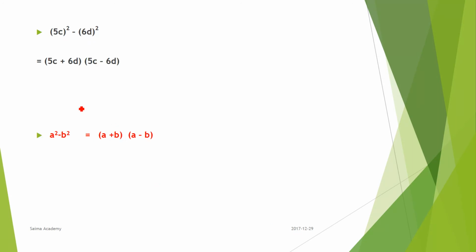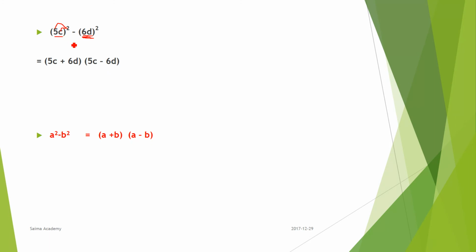One last question to understand the concept. 5c square minus 6d whole square. Whole square means the square is on top of 5, it is on top of c as well. So one time instead of a you have 5c, instead of b you have 6d. One time you have to write down with plus sign, one time with the negative sign.